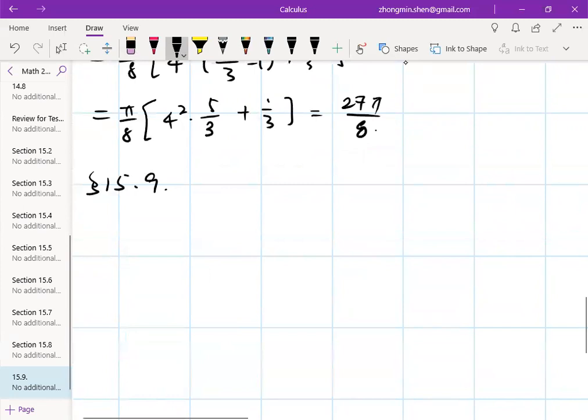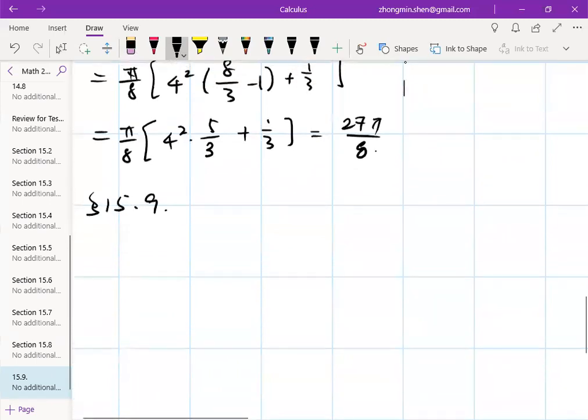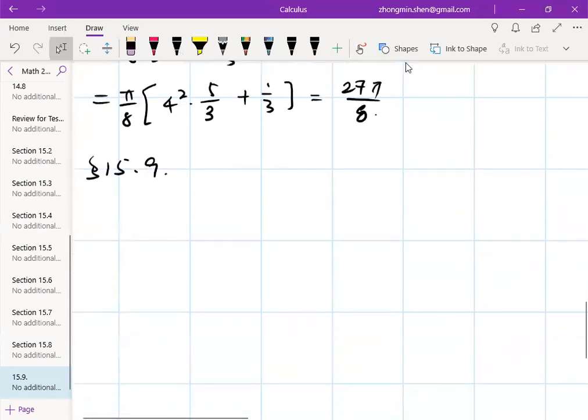In other words, this is just substitution for multiple integrals. The most challenging part is how to find a substitution for multiple integrals. You not only want to simplify the function, you also want to simplify the region.